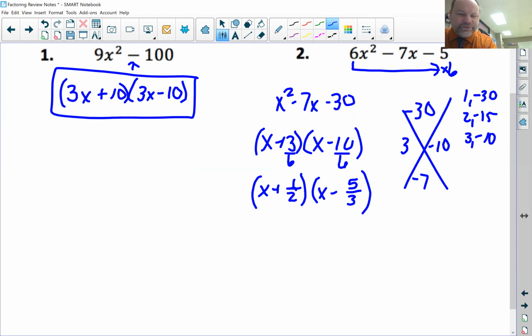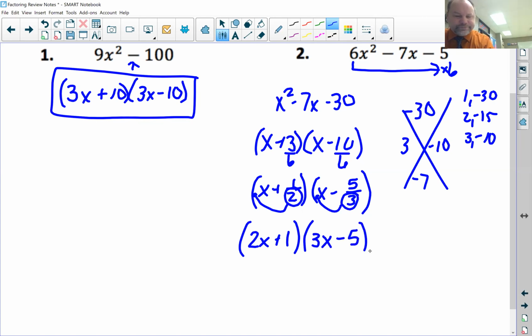We take our 2, we write it out in front of the x, 2x plus 1. 5 divided by 3 is 1.67 repeating, so that's not a whole number. So we take the 3, write it in front of the x, and we have that factor.